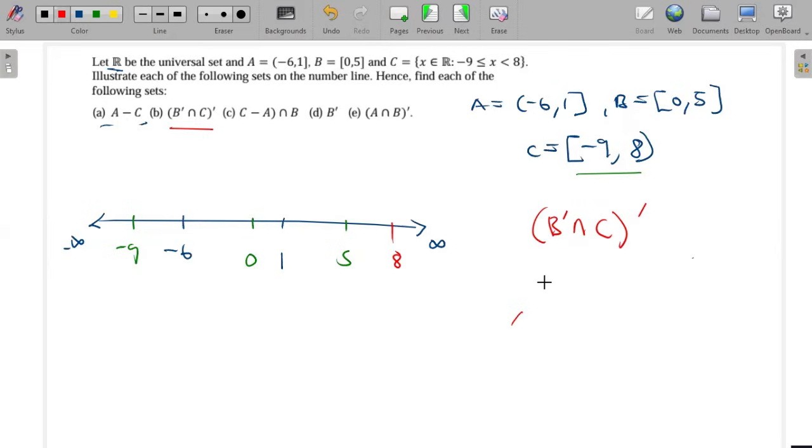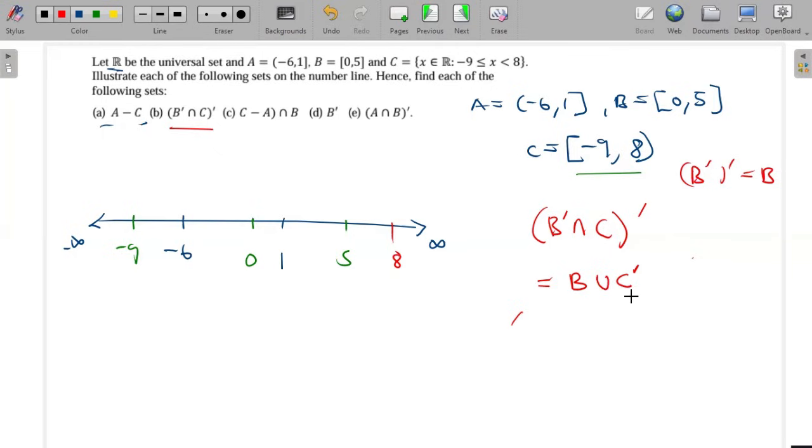By De Morgan's law, if we distribute this complement, B complement just gives you B. So you get B here. And the sign of intersection will change from intersection to union. And then there you have your C complement.